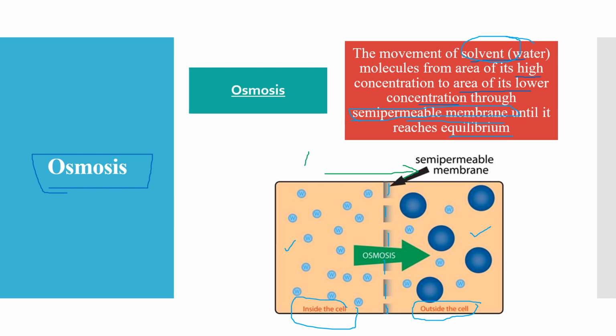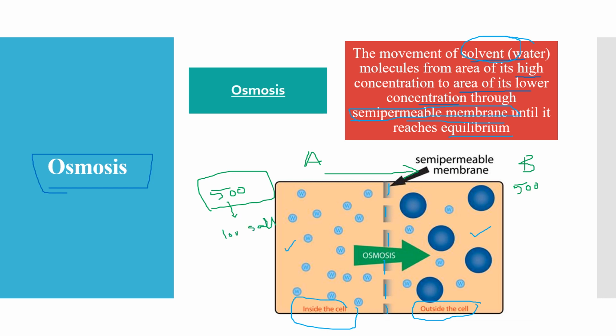Suppose this is compartment A and this is compartment B, and in compartment A 500 water molecules are present, and in compartment B also 500 water molecules are present. But out of these 500 water molecules, 100 salt molecules are also present.